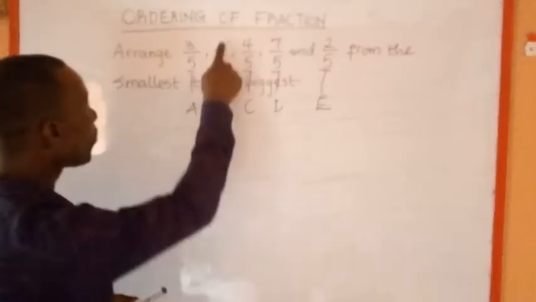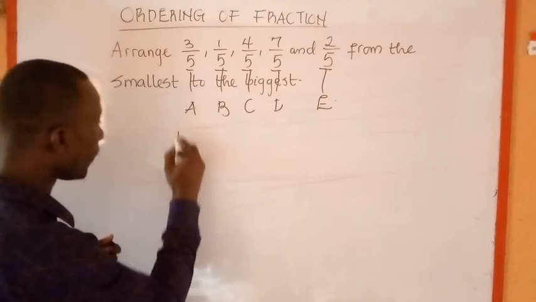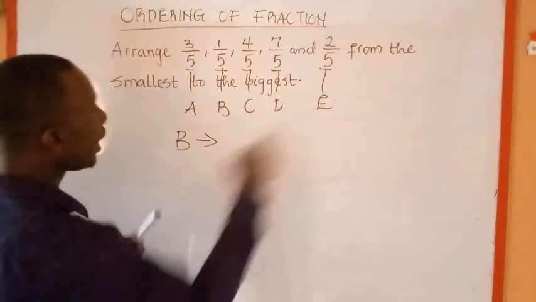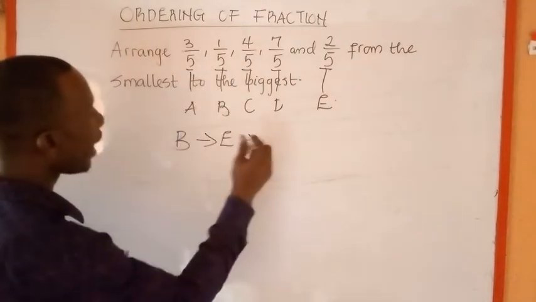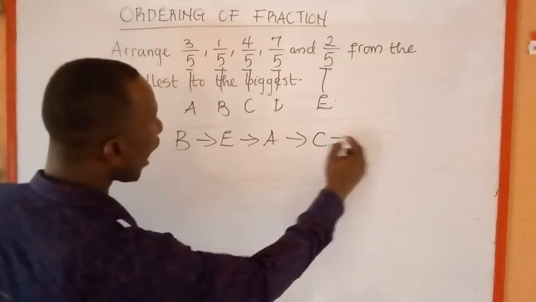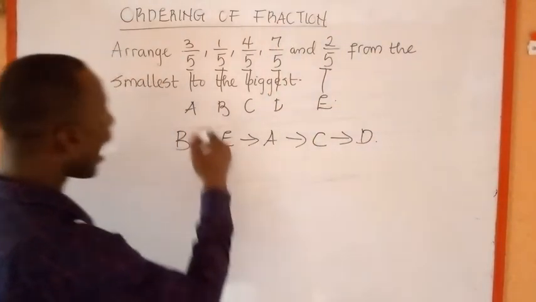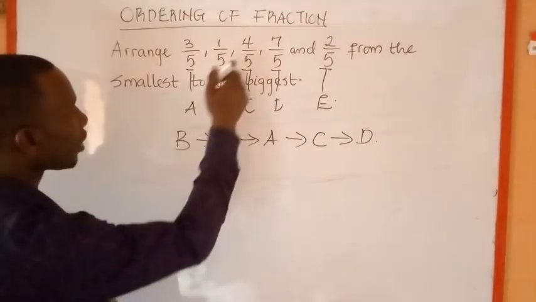Now, what is the smallest fraction here? The smallest fraction here is fraction B, followed by fraction E, followed by fraction A, followed by fraction C, and followed by fraction D. Now, how do we arrange these fractions from the smallest to the biggest?